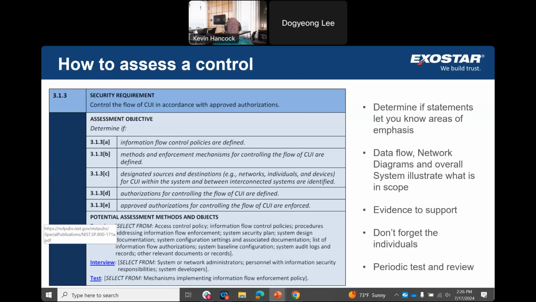And then when the assessor comes in, this is what they're going to do. They're going to examine those policies and procedures. They're going to look at that information flow, those control policies, etc. They're going to look at the configuration settings, right?